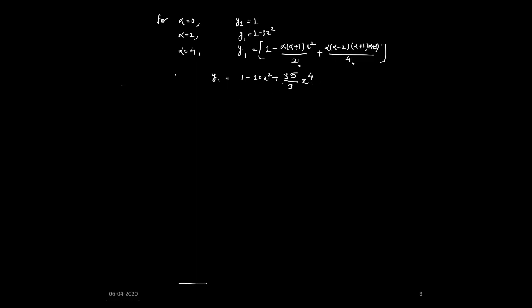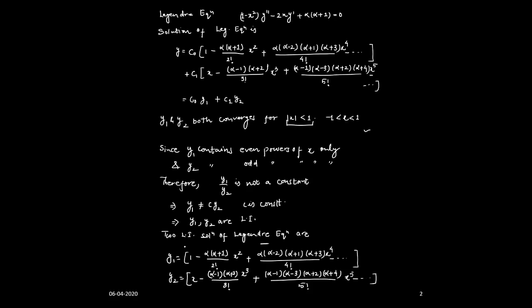You can check this for even integers: 0, 2, 4, 6 and so on. For these, y1 is a polynomial. And y2, if you put 0 here, you will get an infinite series.